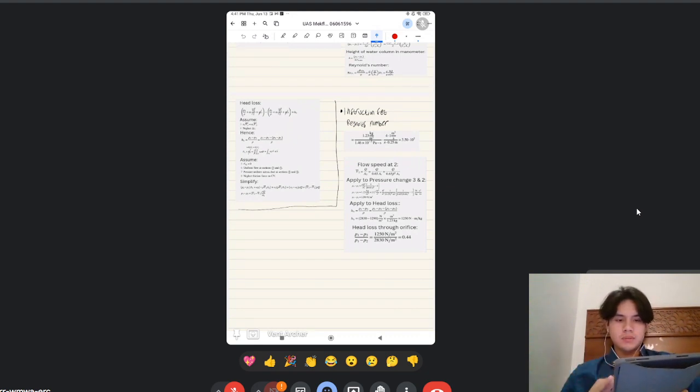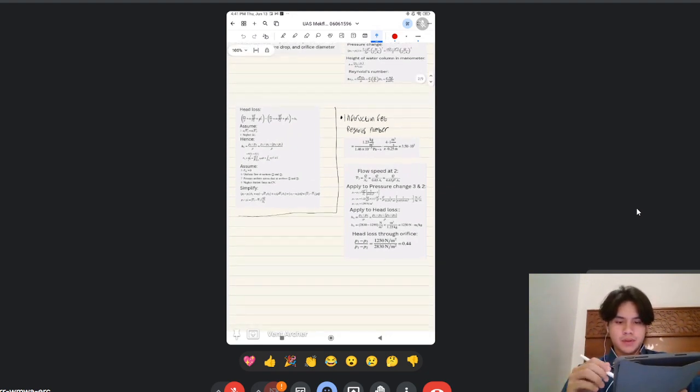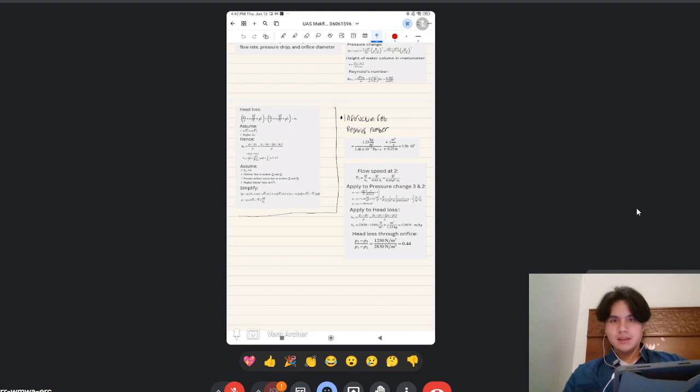We'll use the Reynolds number to find that the outcome is 3.50 times 10 to the power of 5, and the flow speed at 2. We can apply the pressure change between 3 and 2, and we'll get that P3 minus P2 is 1290 newtons per meter squared.